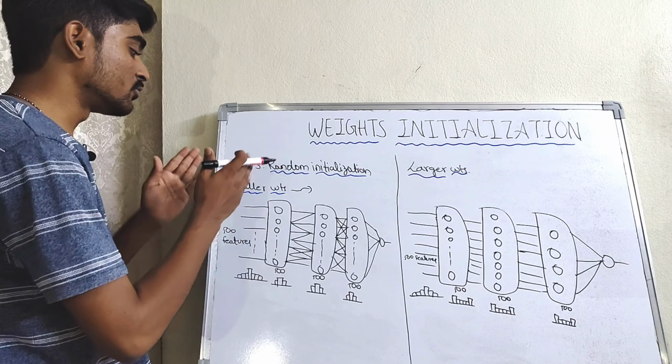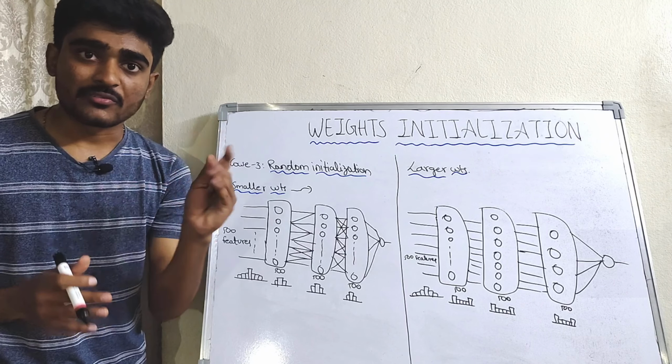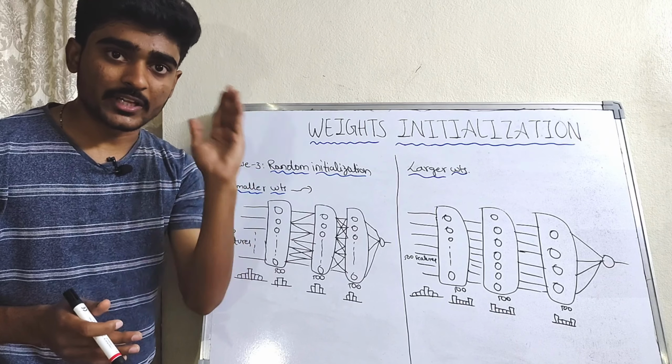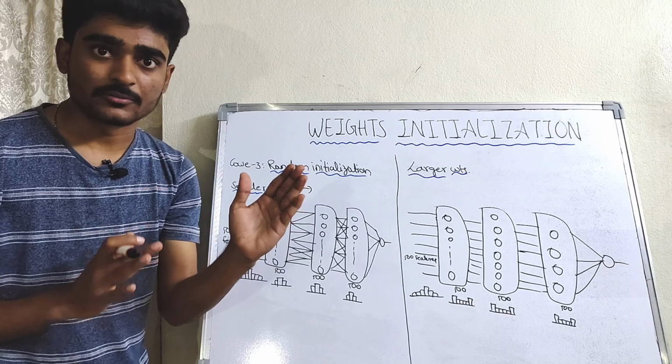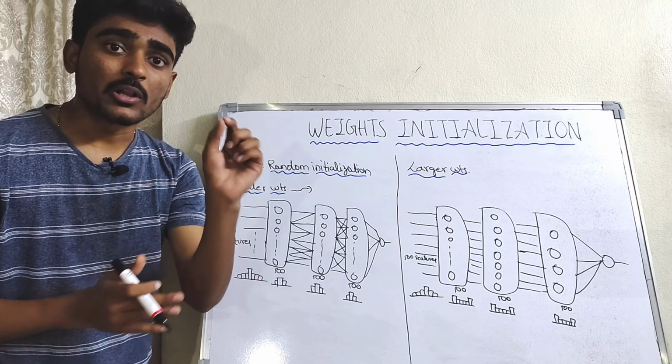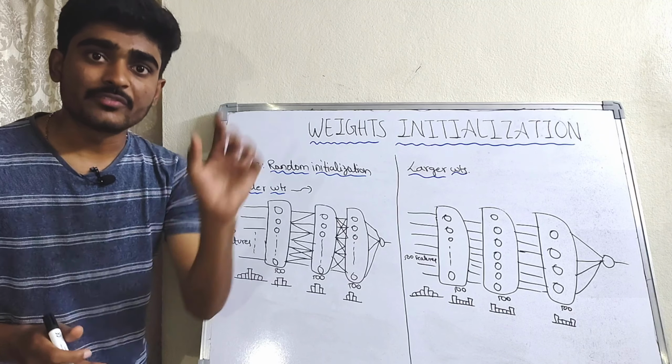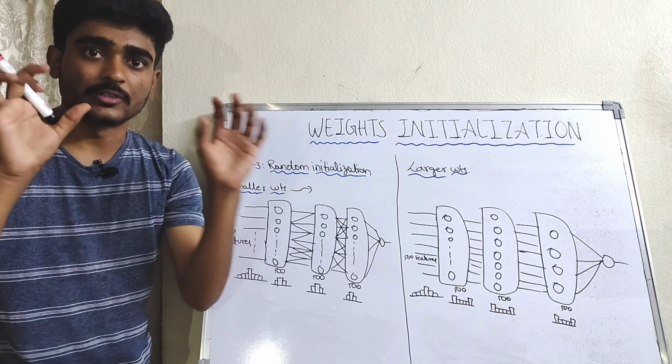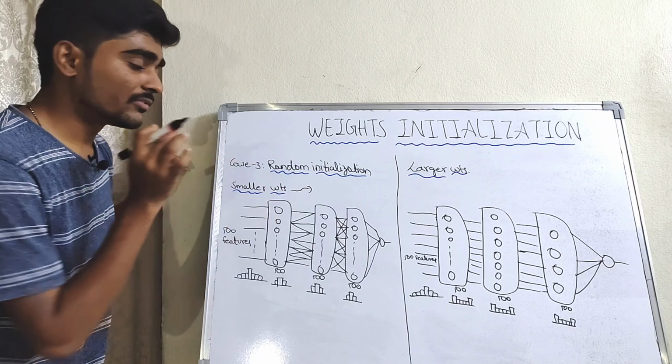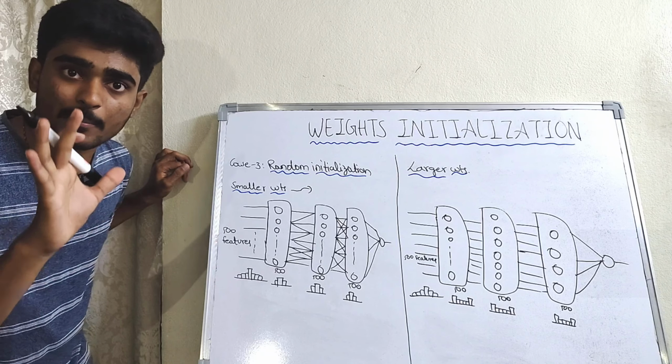As we have taken smaller weight values, we need to specify a smaller range, so I have taken 0 to 0.01. In this way I have initialized smaller weights and biases.